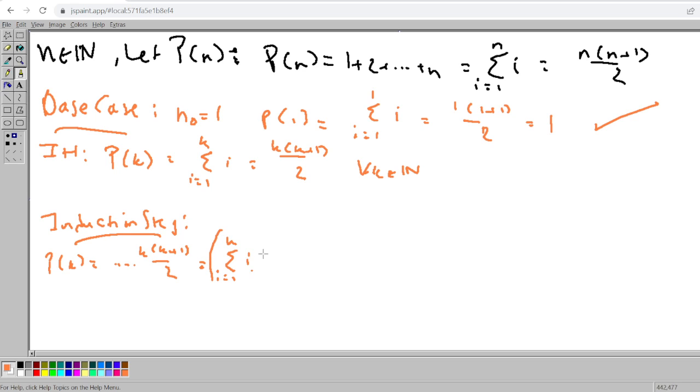And then what we're going to do, real sneaky stuff, is add k plus 1. Now what would that do? That's going to get us to the k plus 1th term in the series, specifically. So that would actually get us to the sum from i equals 1 to k plus 1 of i.